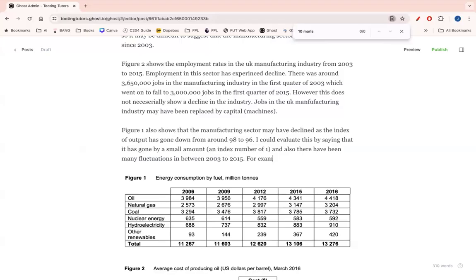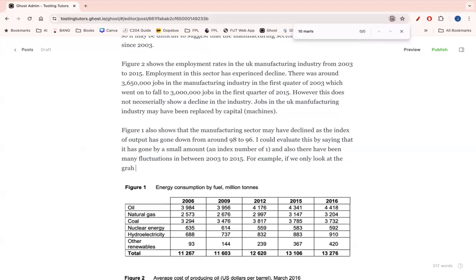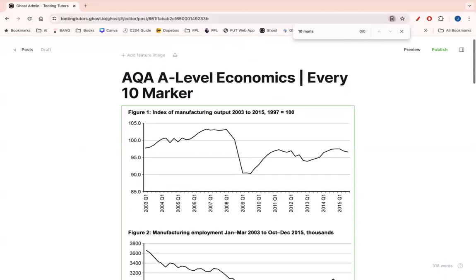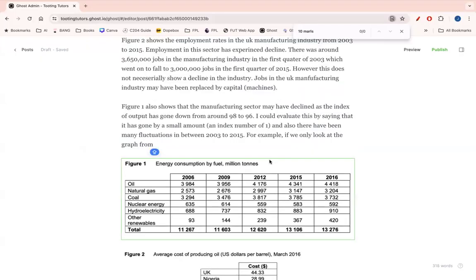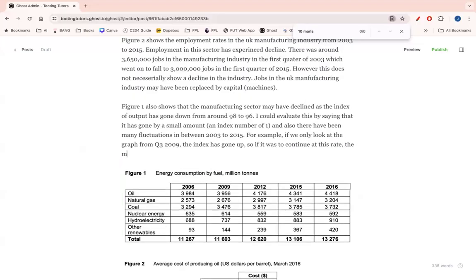For example, if we only look at quarter 3 of 2009 onwards, the index has gone up. So if it was to continue at this rate, the manufacturing sector would recover.